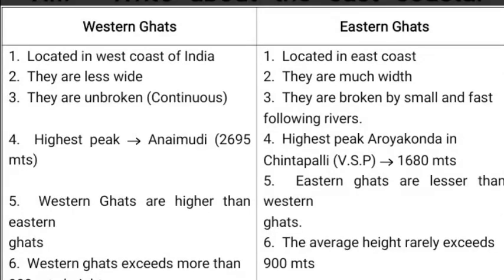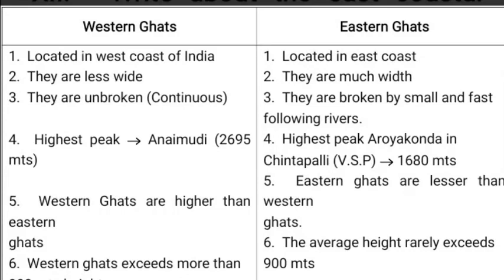Now, you learn about the difference between the Western Ghats and Eastern Ghats. The Western Ghats lie parallel to the west coast of India. Similarly, the Eastern Ghats are located in the east coast.